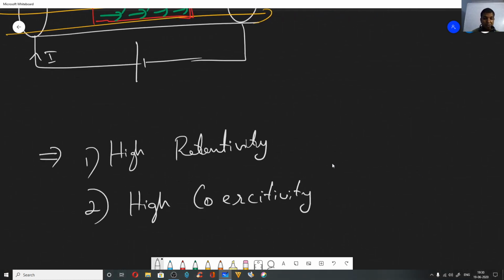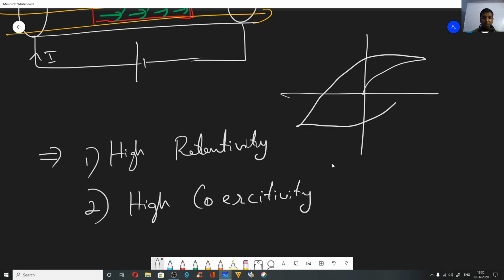If you can remember this graph, we got it something like this, correct? So this is the hysteresis graph, right? So this point B, we'll call it the retentivity, right? Now what it means is, so this actually I wrote it wrong. Just a rough sketch. It has to be like this, right?